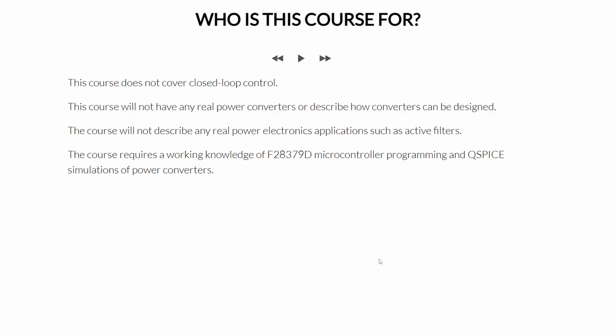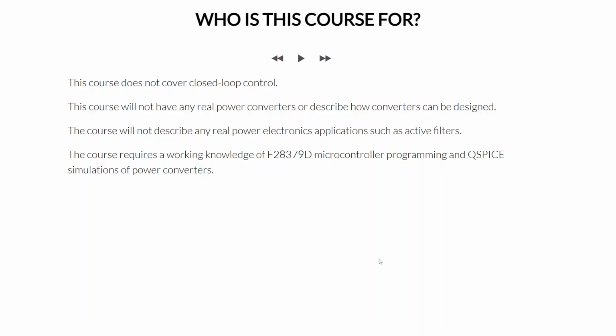This course is just to describe how you can translate a simulation of a power converter and the PWM strategy into microcontroller code. Finally, this course will not describe any real power electronics applications such as active filters or UPS or motor drives. This is just about converters and their switching strategies and how that can be achieved using a microcontroller.